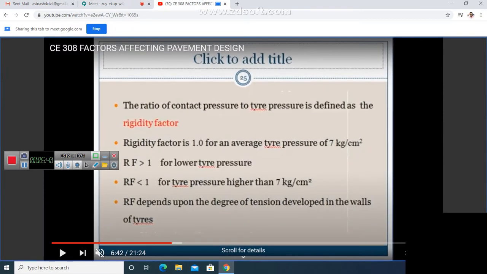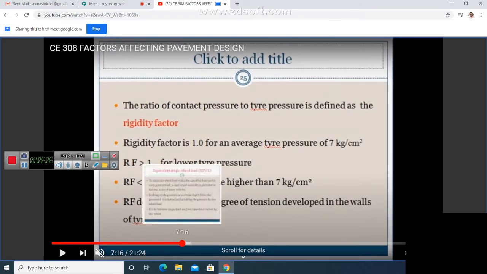For a tire pressure lower than 7 kilogram per centimeter square, the rigidity factor is greater than 1. And for tire pressure greater than 7 kilogram per centimeter square, the rigidity factor is less than 1. The rigidity factor depends on the degree of tension developed in the walls of the tire.